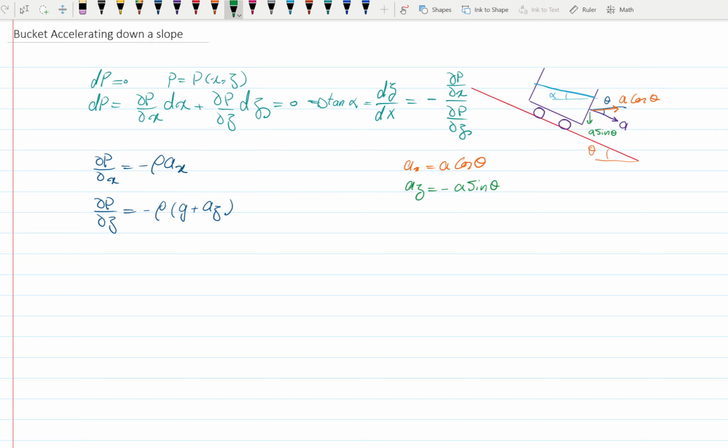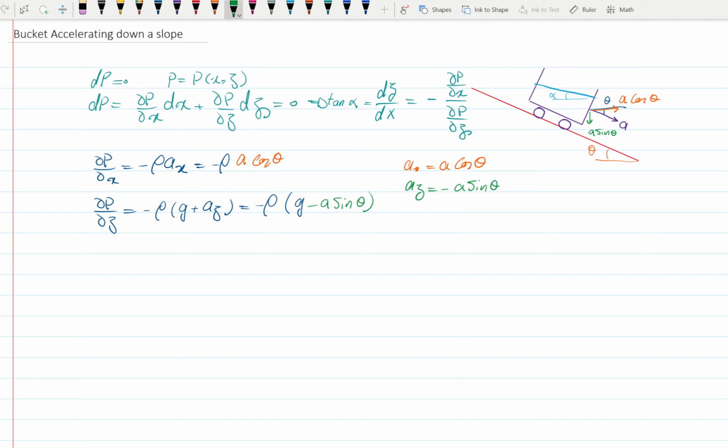Okay, so all we need to do is just substitute this into the expression that we have here. So this is negative rho, and instead of ax I just put a cosine theta, and in the expression below, negative rho times g minus a sine theta, because az is negative a sine theta, and that's it.